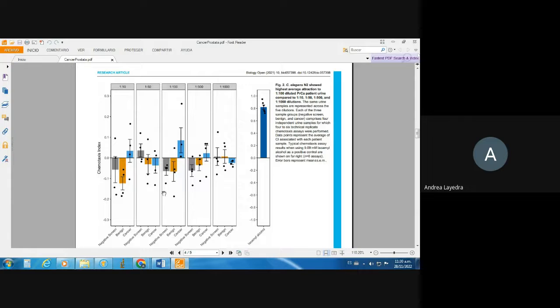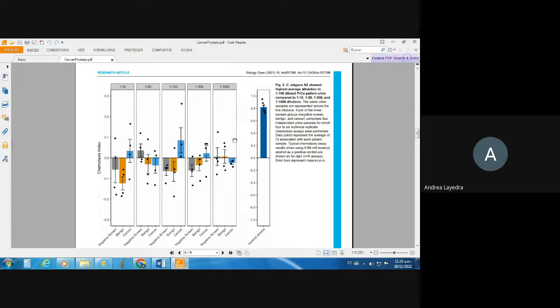Among the 5 dilutions you can see in this part, the discrimination of cancer patients' urine from controls in preliminary assays was defined by the number of samples with overall behavioral attraction, a chemotaxis index towards cancer samples, and repulsion. Here you can see the chemotaxis index, positive values and negative values.